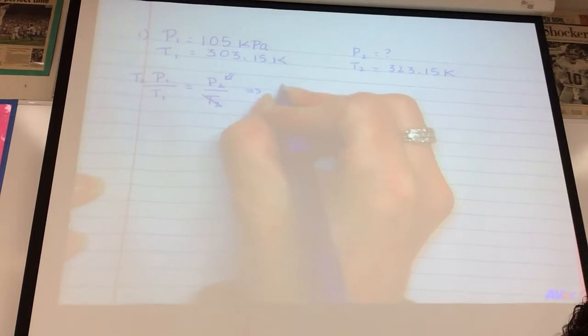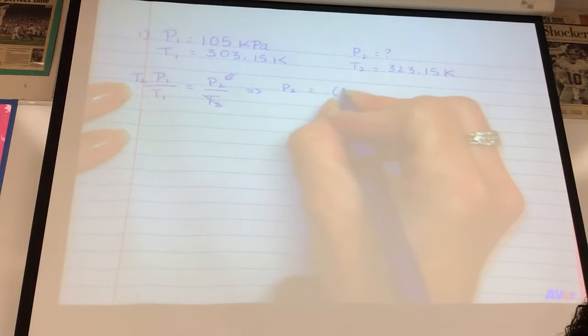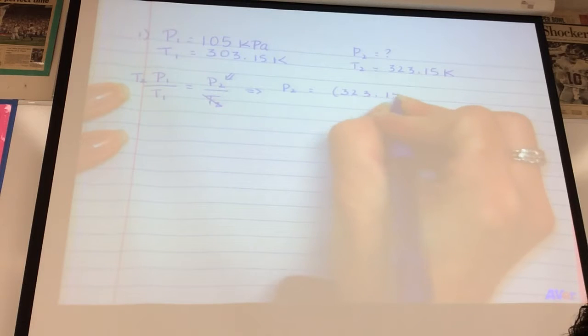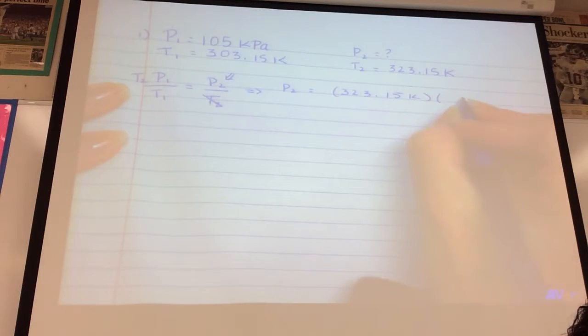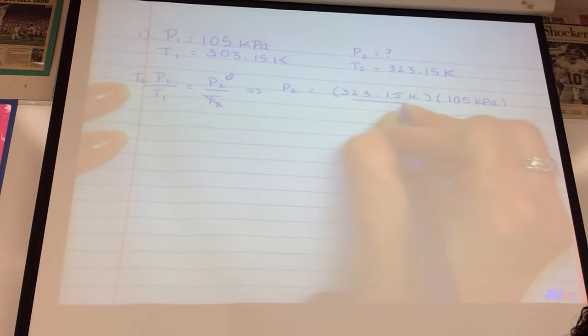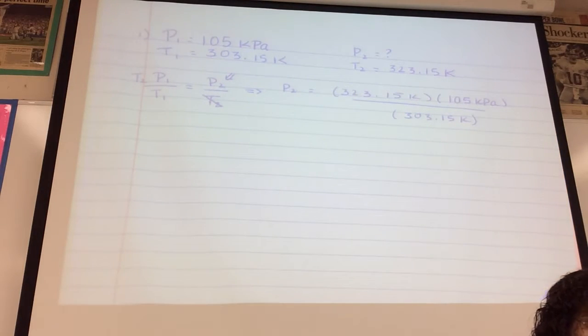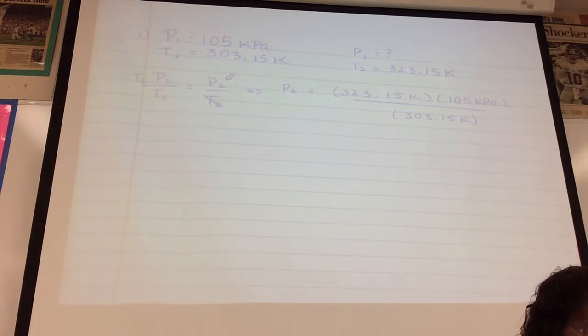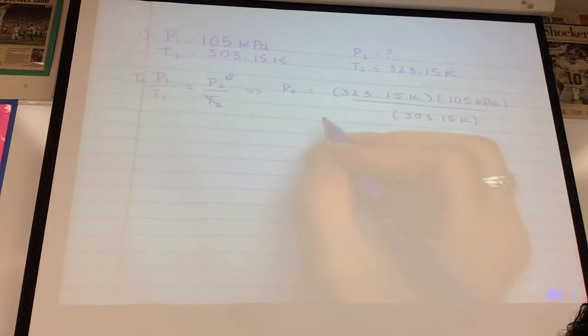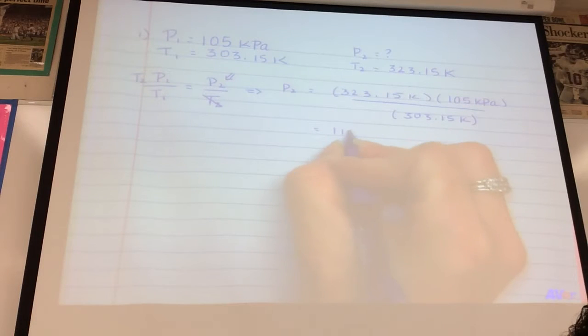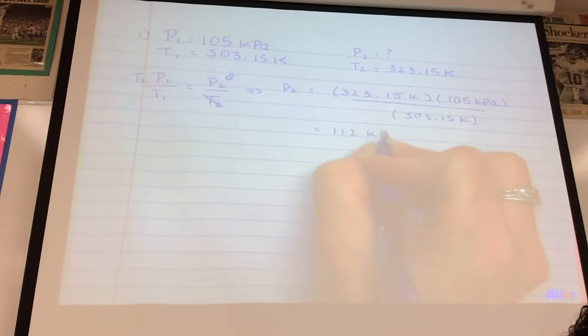So we've got P2 is equal to T2 times P1 over T1, and this is 112 kPa.